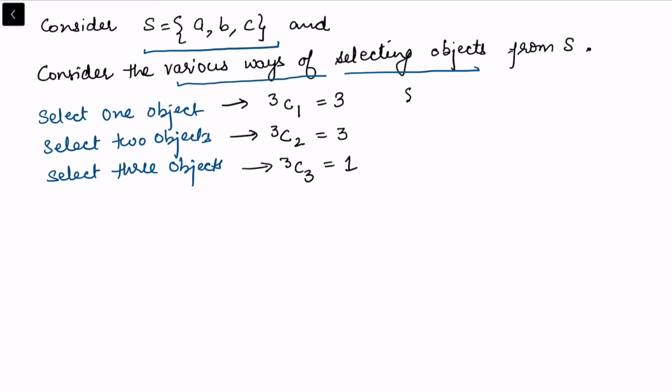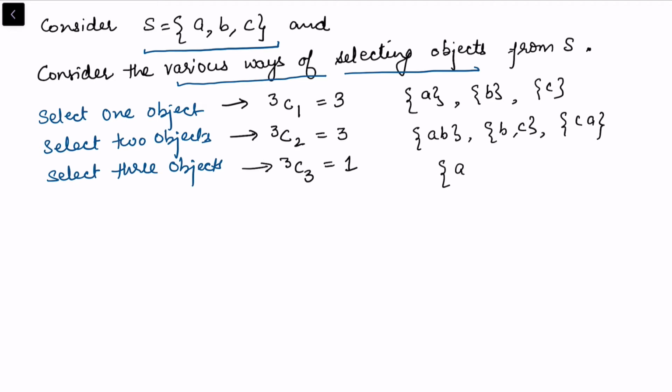In the case of selecting one object, either we select a, or b, or c. If you want to select two objects, we take ab, or bc, or ca. And if you want to select all at a time, this will be abc. These were the ways we would have handled this problem using the previous combination arguments.